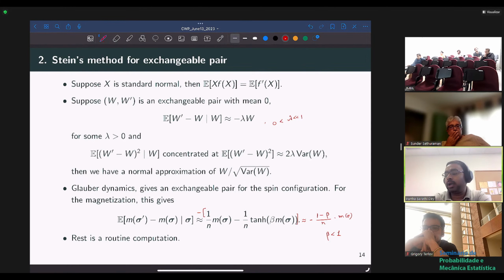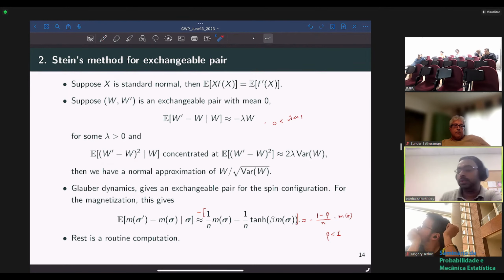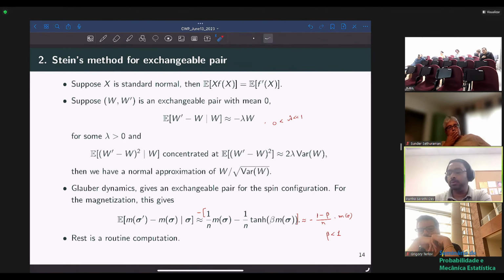If one can create some kind of exchangeable dynamics, and see that there is a linear behavior for the conditional change and some concentration for the second moment of the conditional change, then that gives another way of proving this normal behavior for the magnetization. And the critical variance also follows from this computation if someone computes it exactly. Okay, so that's another way.